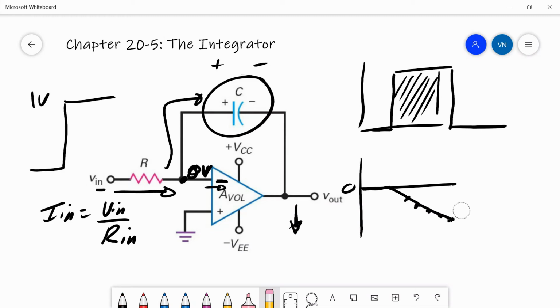So at this point in time, basically the voltage will stop changing because we've stopped putting current into it. And so we have summed up all of the current over time, and now we represent that as a voltage across the capacitor.